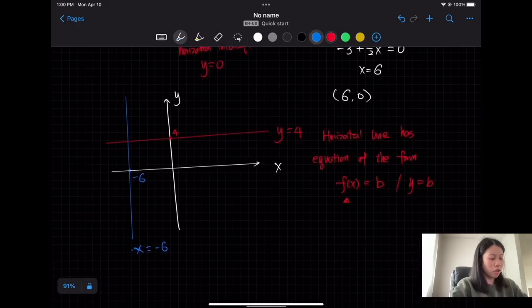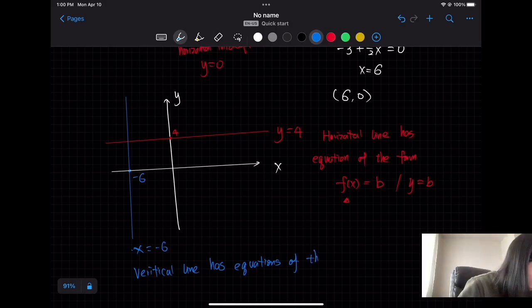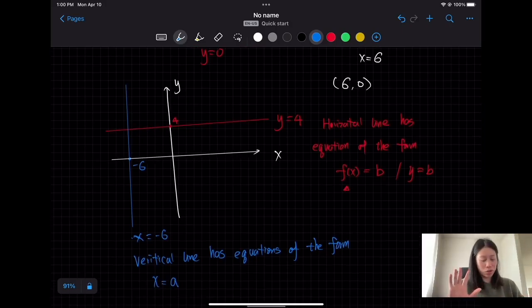For a vertical line, all vertical lines have equations of the form x equals a. a can be any number, such as x equals -6. It gives you a vertical line.